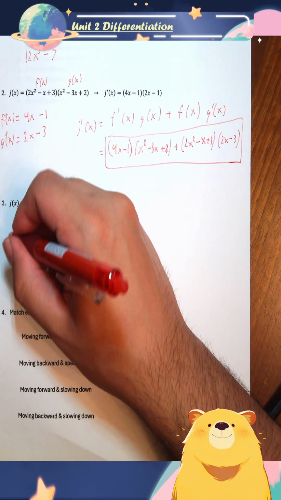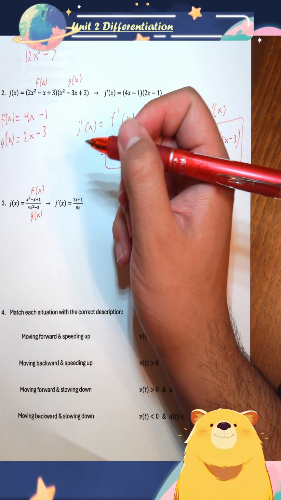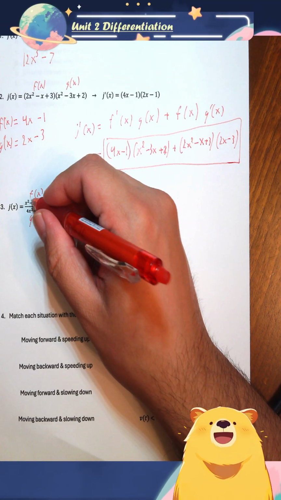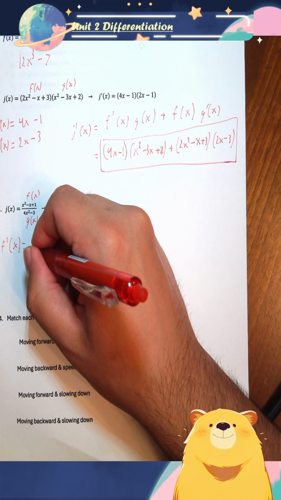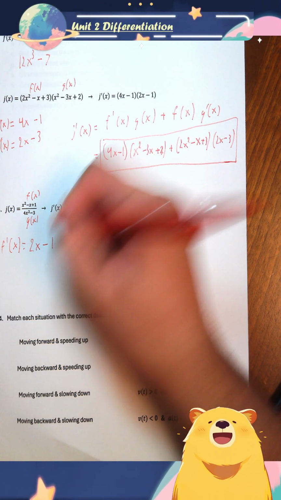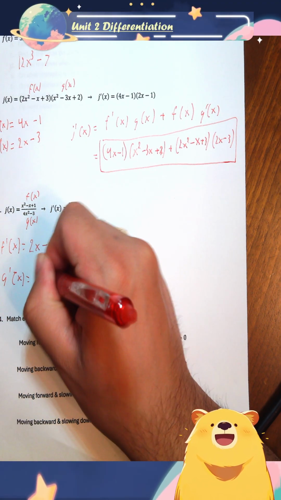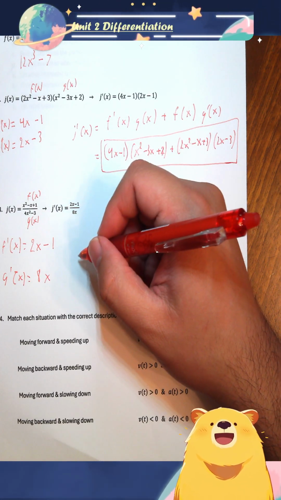Over here, you can correctly clock this as f of x and g of x. But remember that the quotient rule isn't just you doing f prime, which, although correctly is noted 2x minus 1, and g prime, which is again correctly denoted as 8x. It's not just you doing the derivative of them.